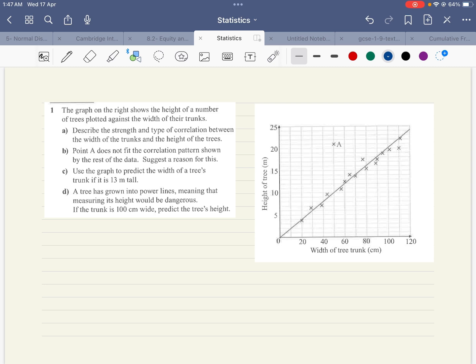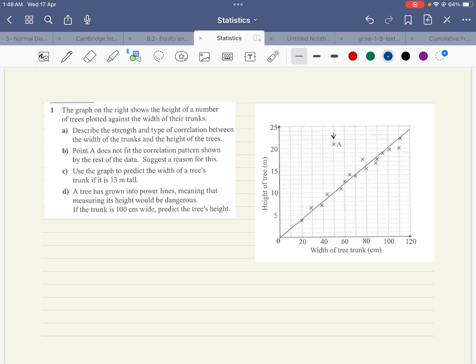Describe the strength and type of correlation. It's a strong positive correlation. Point A does not fit the correlation pattern. Suggest a reason for this. This is an outlier, a distorted data.